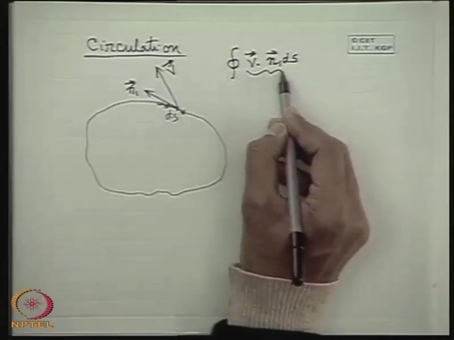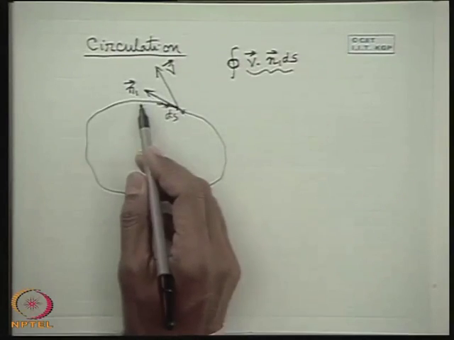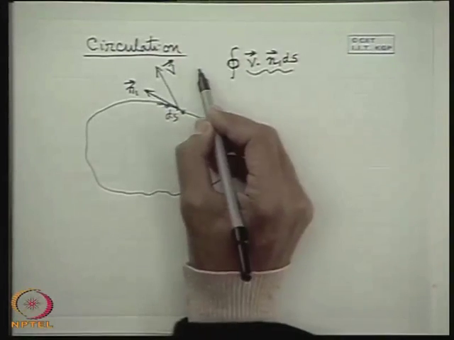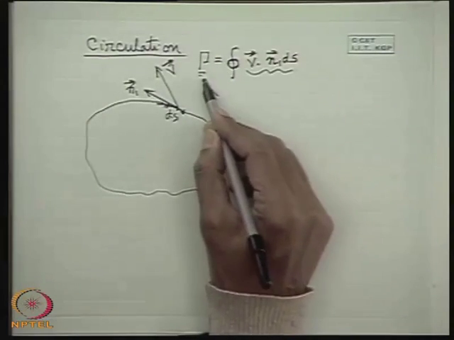Then this quantity, if we make a contour integral over this closed contour, we define as the circulation, gamma, which is the symbol. So gamma is the circulation.